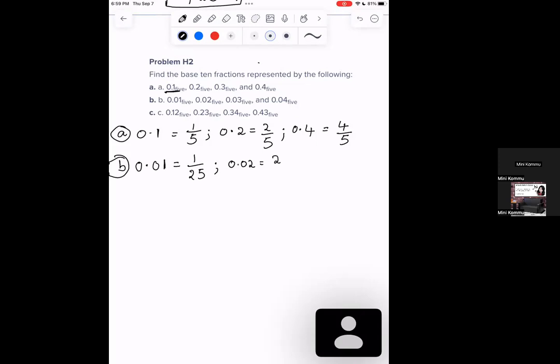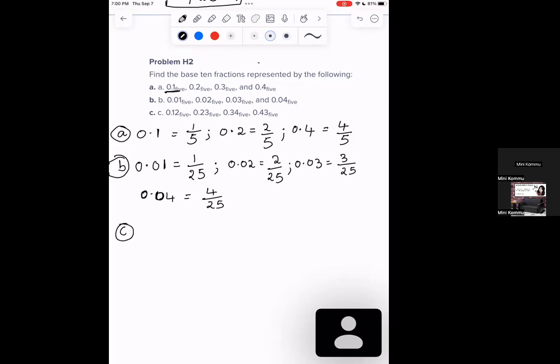Correct? So this will be 2 over 25. I'm going to go quickly here because it's the same procedure. 0.03 will be 3 over 25. And 0.04 will be 4 over 25. Again, let me repeat myself. 4 is in the 5 to the power of -2 or 1 over 25th place. Multiply that with 4, we will get 4 over 25.